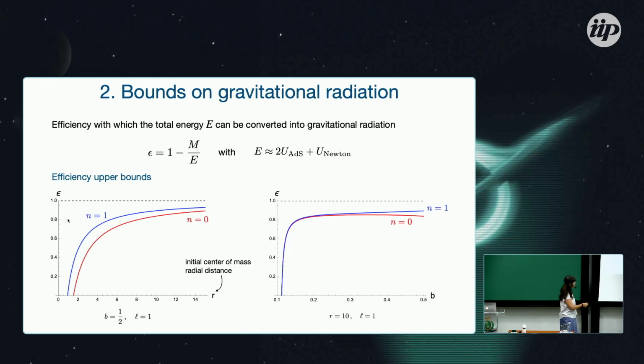Again, the biggest correction comes from black holes which are close to the Hawking-Page transition. This lower part of the graph should be neglected, because the two black holes have to be far apart enough so that they can collide, and so that this whole approximation holds.